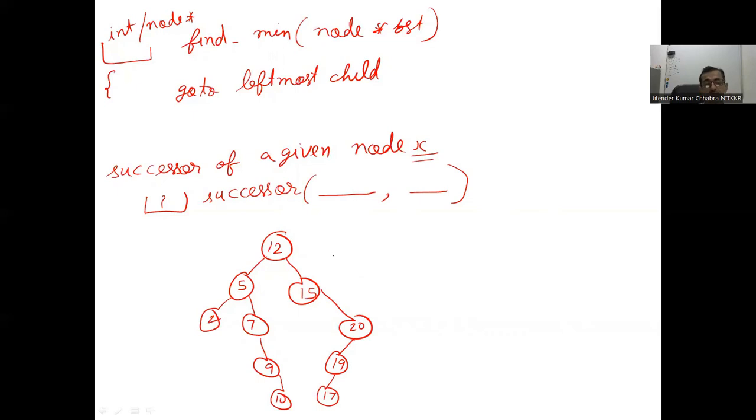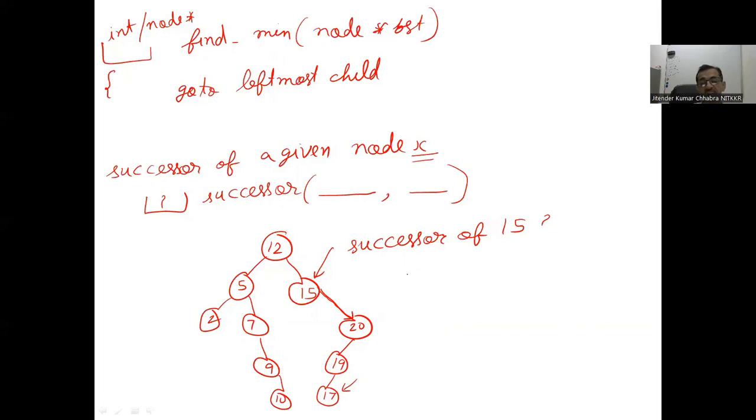Now see more carefully what is the successor of 15. Successor of 15, how will you find out? Sorry. So the successor of 15 you can see is 17. And now that becomes the logic: effectively not simply the right child. On the right side of course a successor will exist, but on the right side I have to go to the minimum value.